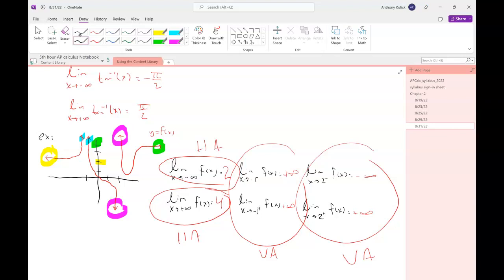I'm just using our two definitions of asymptotes to do that. Like VA and HA. Horizontal asymptote.